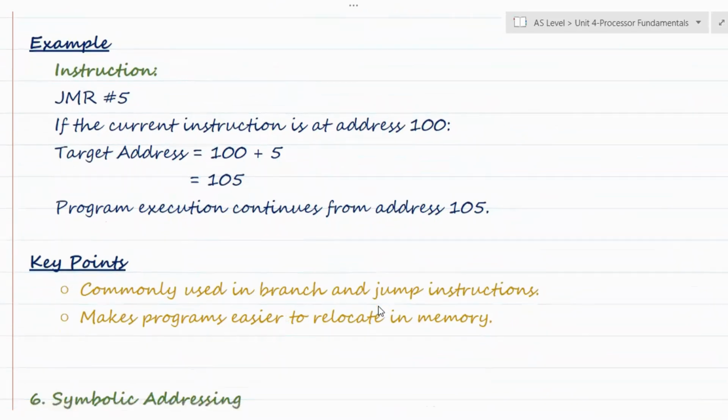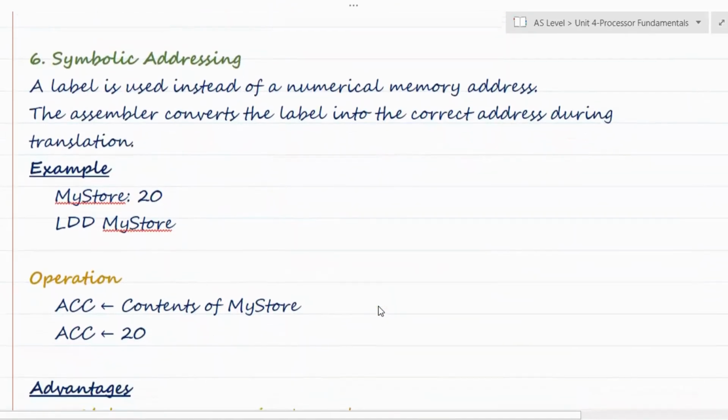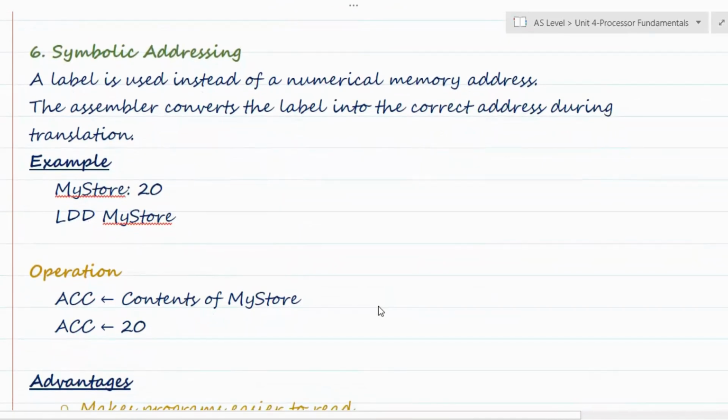Finally, let's talk about symbolic addressing. Instead of using the actual memory address, programmers use labels. For example, here if you look at mystore: 20, mystore is a label, and then LDD mystore.